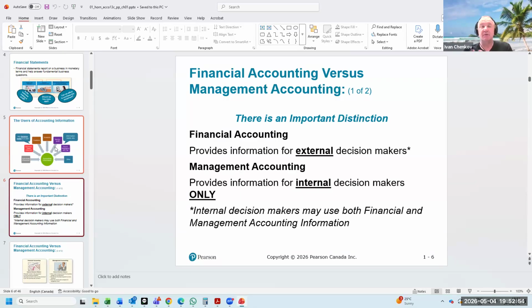We're not going to talk about management accounting in this course. There's a separate area in accounting called managerial accounting. Very interesting. I strongly recommend it for those of you who want to learn how to actually make money.